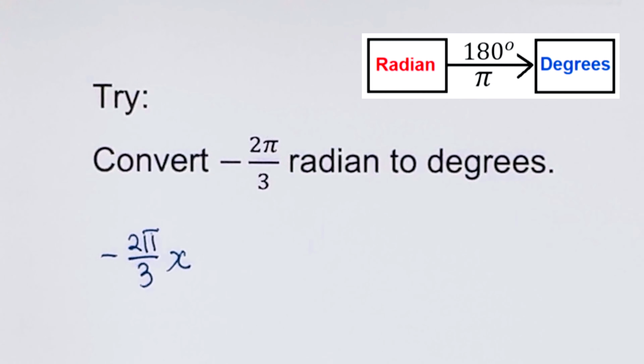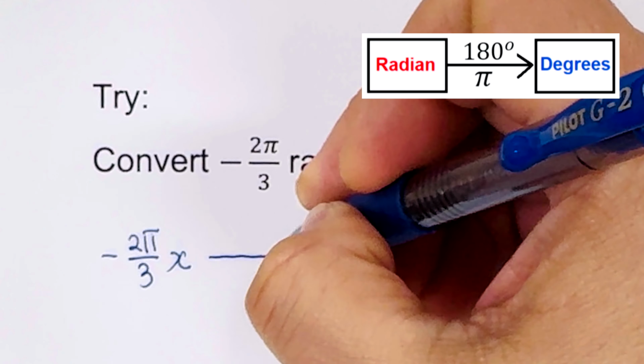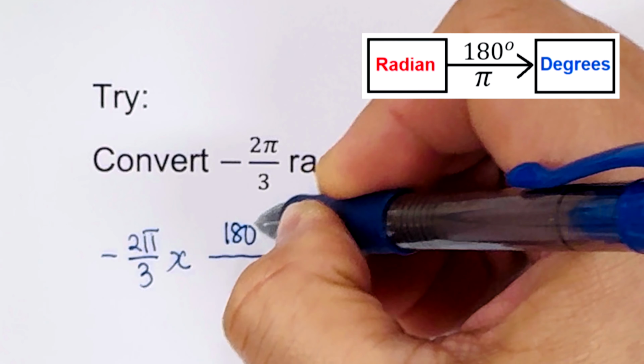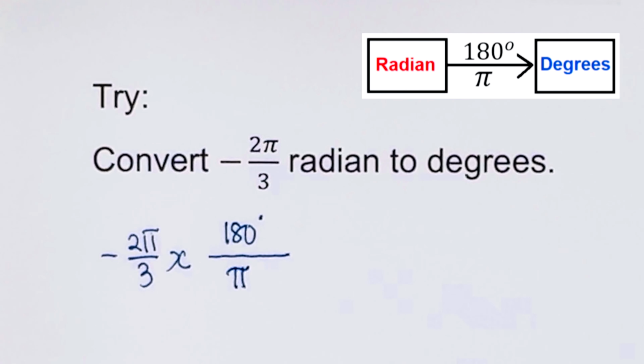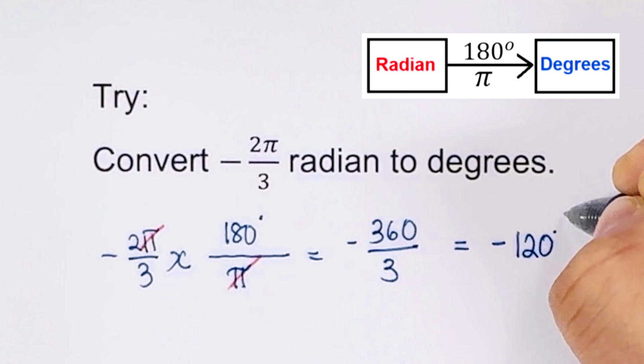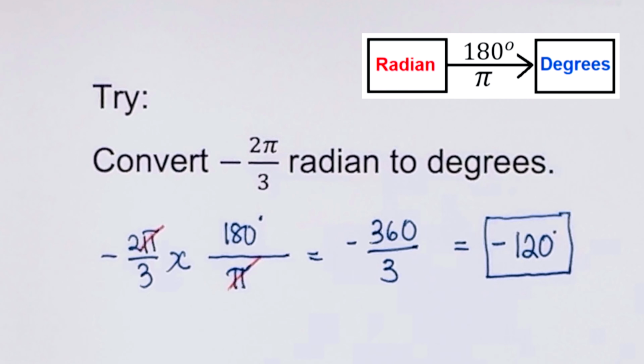Since this is radian to degree, our multiplier would be 180 degrees over pi. Negative 2 pi over 3 is equivalent to negative 120 degrees. Did you get the same answer as this? Good. Perfect. Now let's move on to another example.